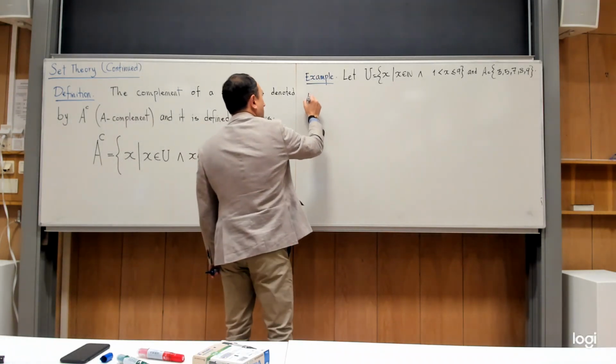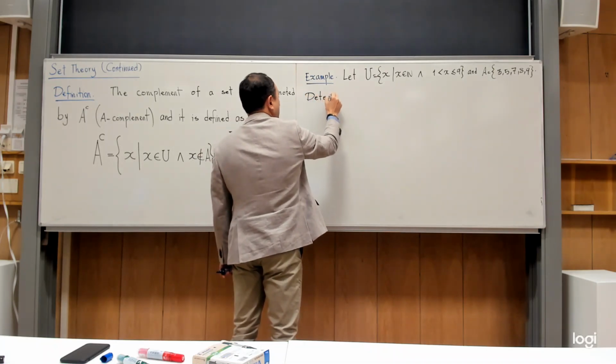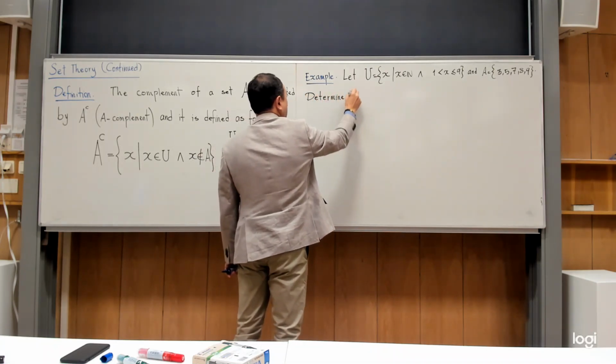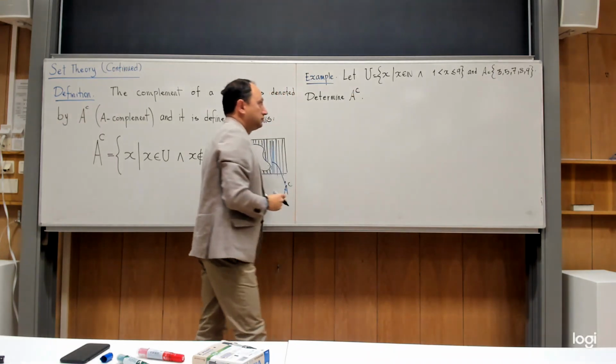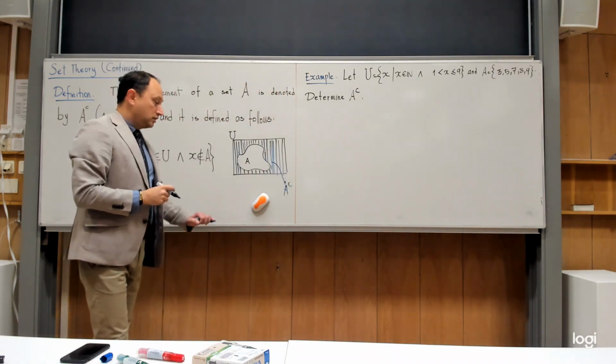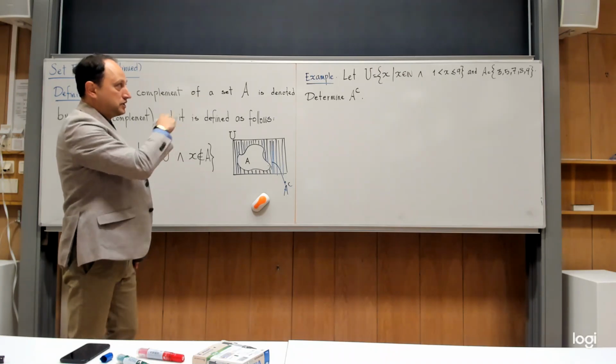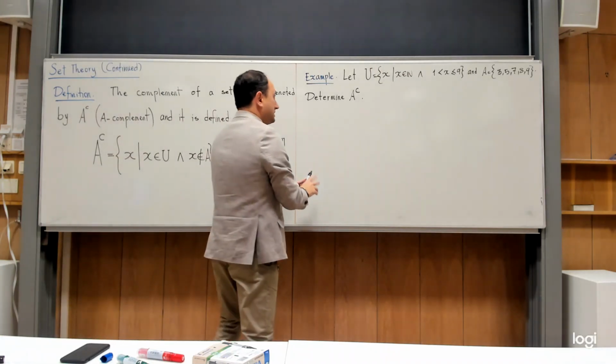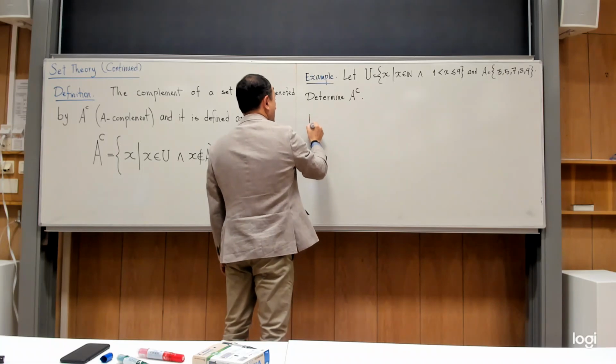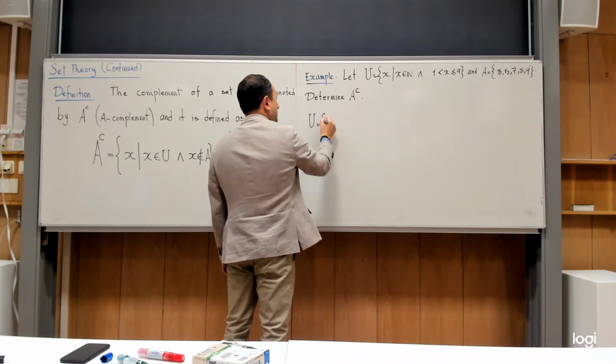Determine A complement. Yes. So what is A complement? I need to know the universal set. Of course, it is given. If I want to write it as a list of elements, I can write the universal set is equal to 2, 3, 4, 5, 6, 7, 8, 9.